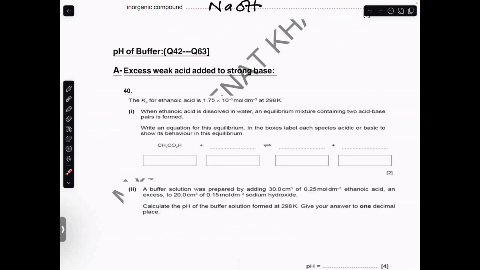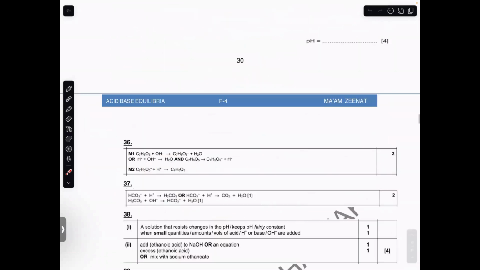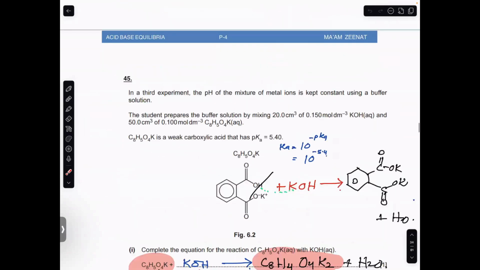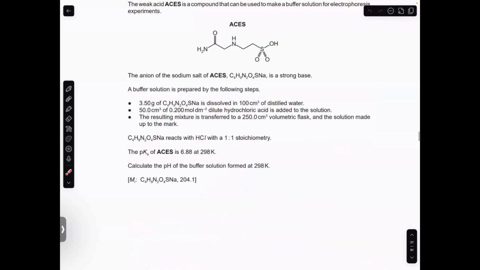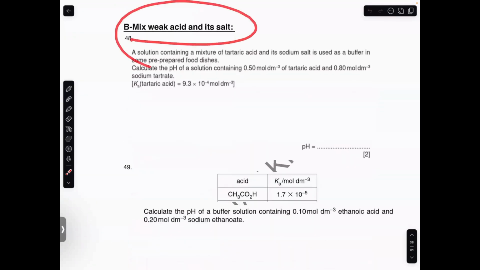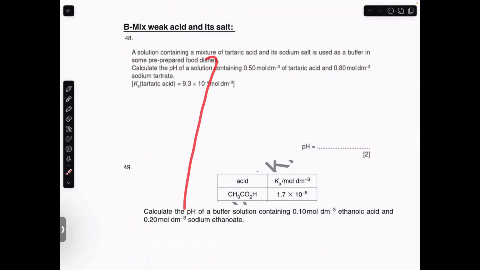Like we will do some questions and I'm 100% sure that you would be able to do all. Right? pH, when excess weak acid is added to strong base, how you will deal. And then the second part is mixed weak acid and salt. This is quite easy, this one. The other part, the A part, is a bit tricky.